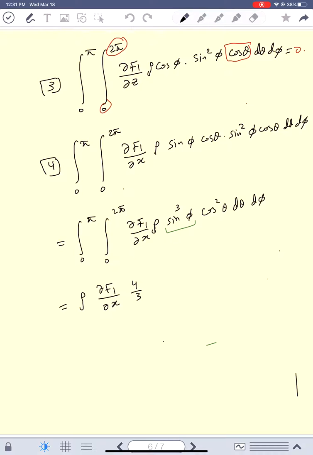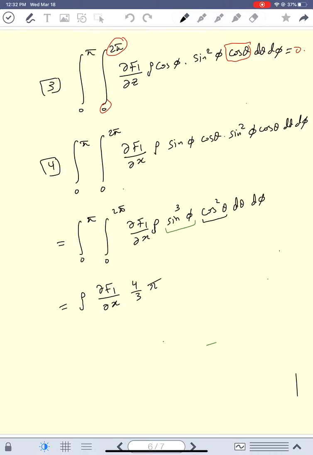And if you do the integral from 0 to 2 pi for cosine square, it will be pi. Okay, so this is the integral.